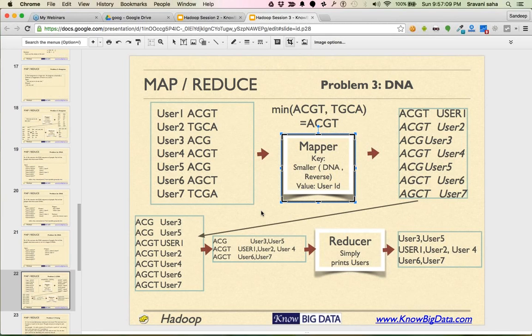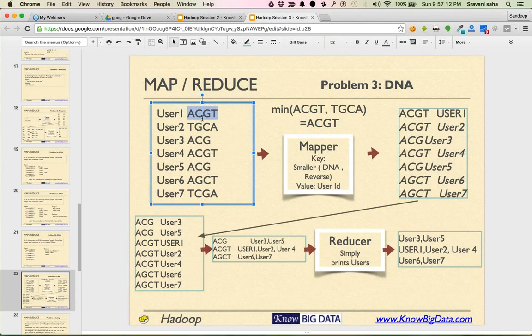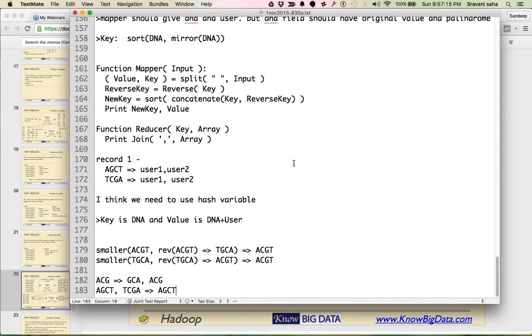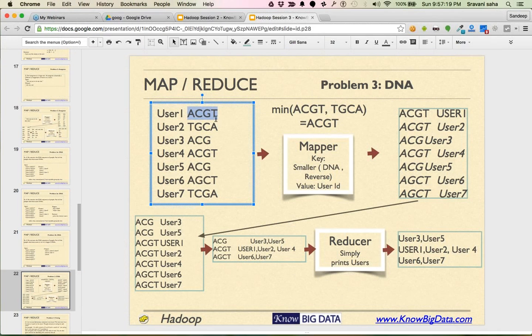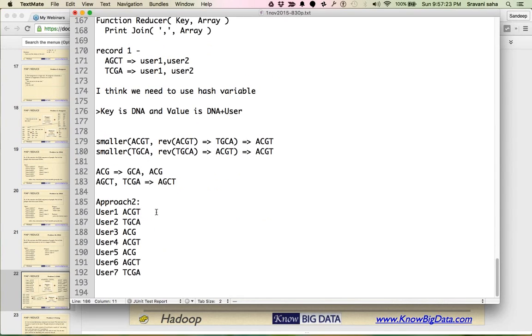There could be another strategy here, approach 2. For user 1, our key could be ACGT, and let's say we separate it by a dash, TGCA.